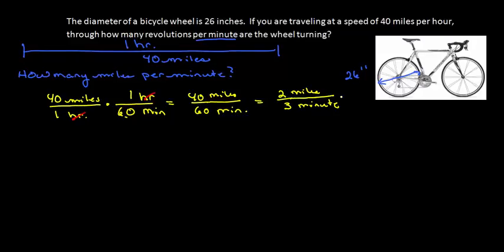So we'll go 2/3 of a mile per minute, or 2 miles every 3 minutes, however you want to think about that. So that means this distance right here, in 1 minute, we're going to travel 2/3 of a mile.